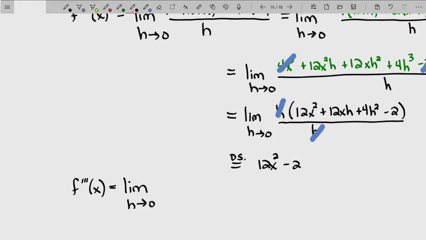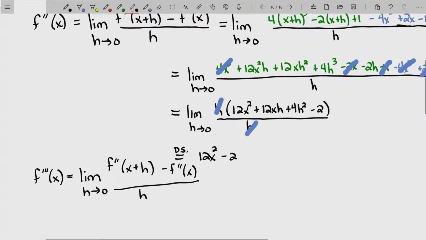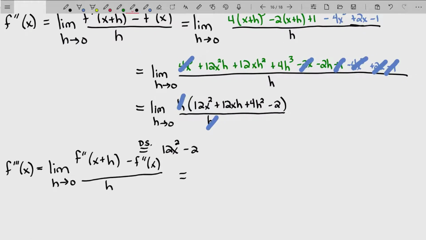And just like I wrote last time, you'll want to go ahead and note that the third derivative is the same thing as the limit as h goes to 0 of the second derivative evaluated at x plus h minus the second derivative evaluated at x, all being divided by h. In this case, we have the limit as h approaches 0. This time it's short enough for me to actually write as I do this.